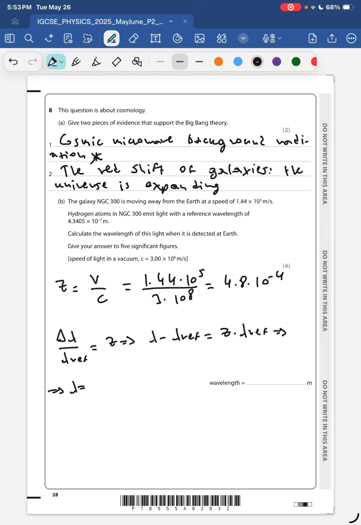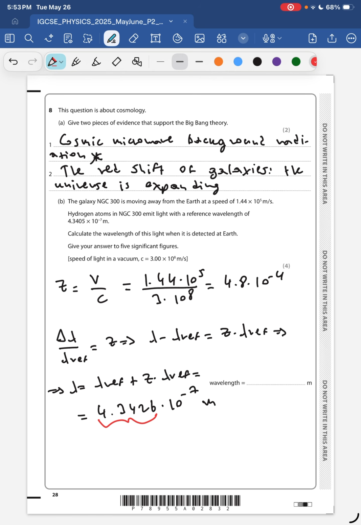So lambda is going to be lambda reference plus z times lambda reference, and if you do this calculation you will find 4.3426 times 10 to the negative 7 meters, and these are the 5 figures that they ask, so you're good.